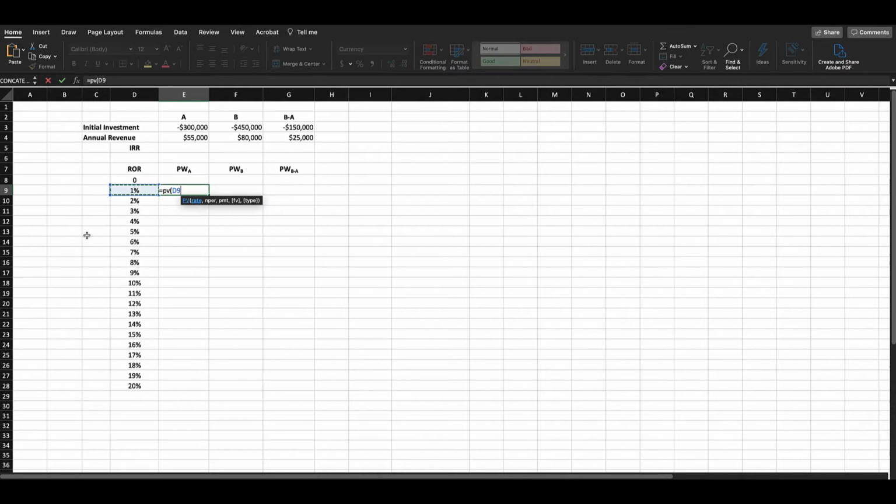So the rate that we want to calculate this at is 1%, and you have to specify a number of periods, that is 10 years. PMT is the third argument that you have to pass in, and that is the annual revenue. The annual revenue is $55,000 and it's positive.